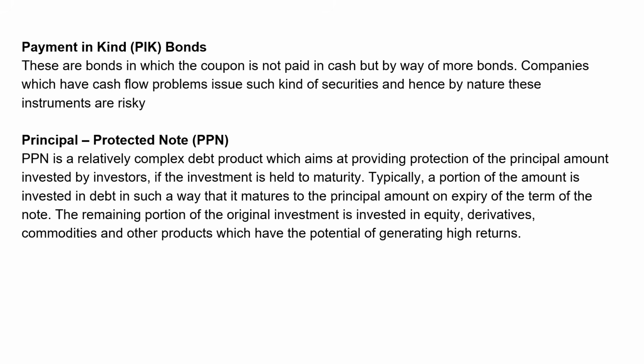But the remaining 6,000 rupees they would invest in areas where they can get more interest, like equities, derivatives or commodities, which have the potential of generating high returns. So these types of instruments are called principal protected notes, which are basically a mix of both equity and debt. But since it is offering you principal preservation, it comes under debt instruments.